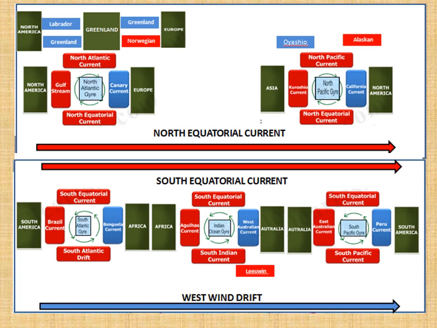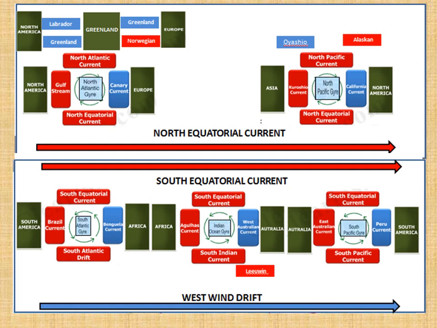So, when we combine both these diagrams of the northern hemisphere and the southern hemisphere, this is what we get over here. So, over here you can see the major currents that flow through the northern hemisphere as well as the southern hemisphere. You can go through this diagram. It will definitely help you to remember all the major ocean currents that flow on the surface of the earth, and it will definitely help you to answer one or two questions that are asked in the exam on the various ocean currents.